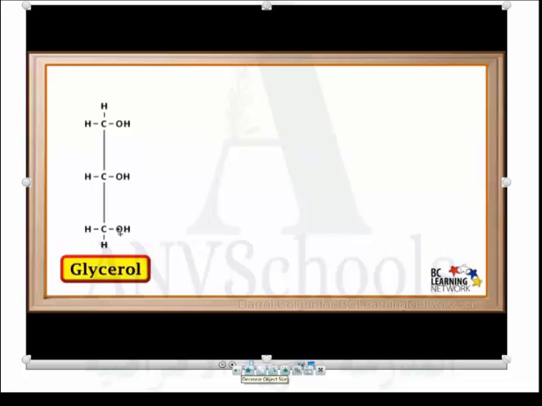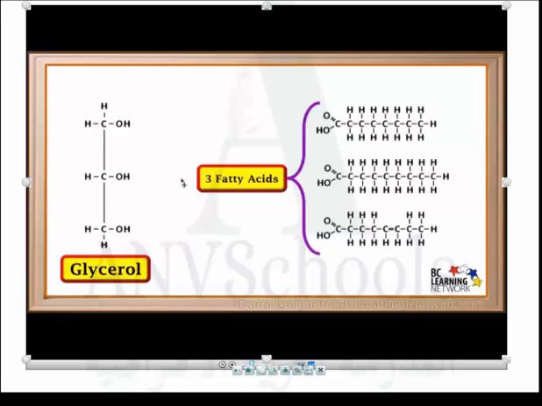So we have glycerol here, the structure of glycerol. It will need 3 fatty acids, and these are 3 fatty acids. So these 3 will come and join here together to form what we are calling fats and lipids.